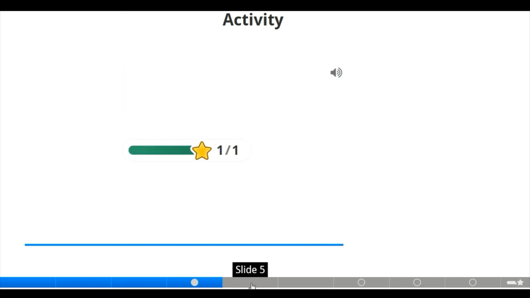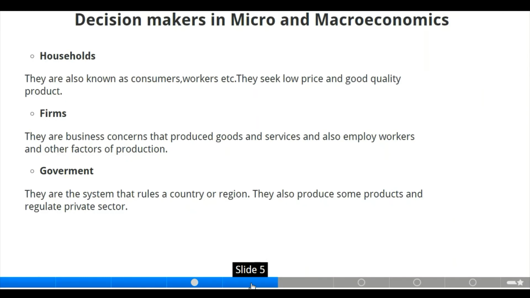Now, moving to the next slide, where we have the decision makers in micro and macroeconomics. We have the decision makers to be: number one, households, firms, and government. Now we have household. They are also known as consumers, workers, etc. They always seek low price and good quality products.